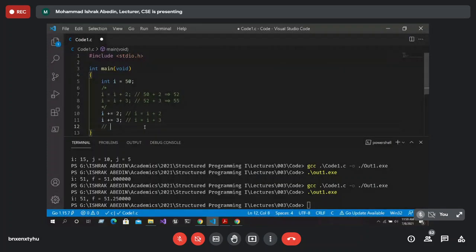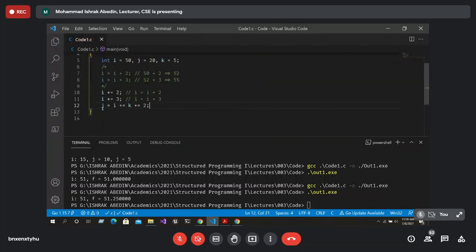So if I write something like this, j is equal to I plus equal to 2, or maybe j is equal to I plus equal to k plus equal to 2, what will happen? All of them have the same precedence, and they are evaluated from right to left, right associative.